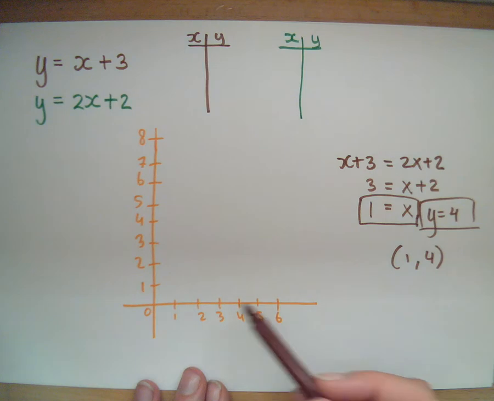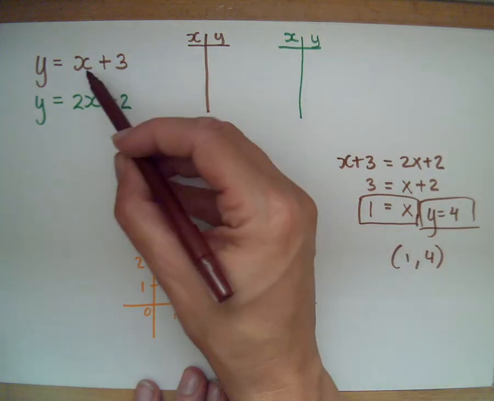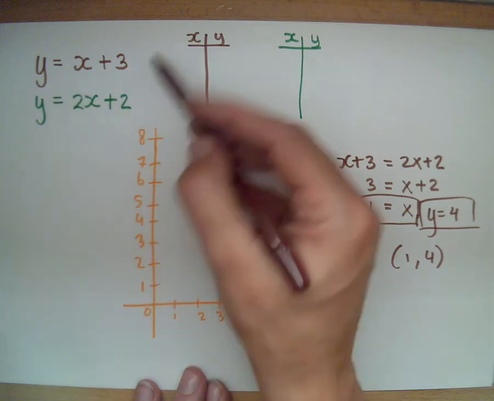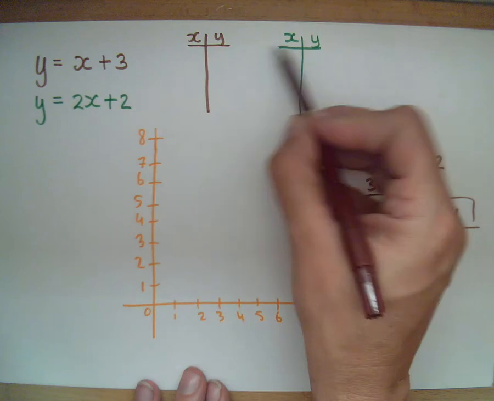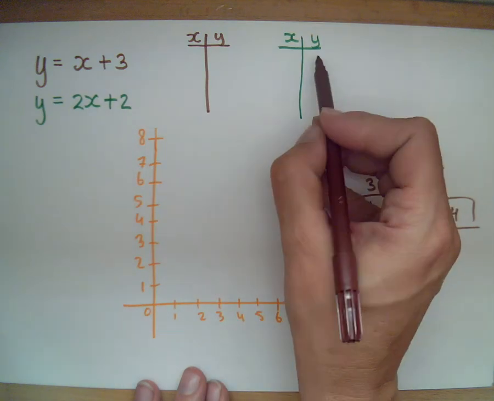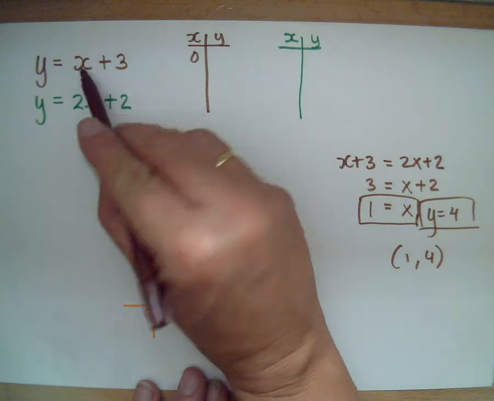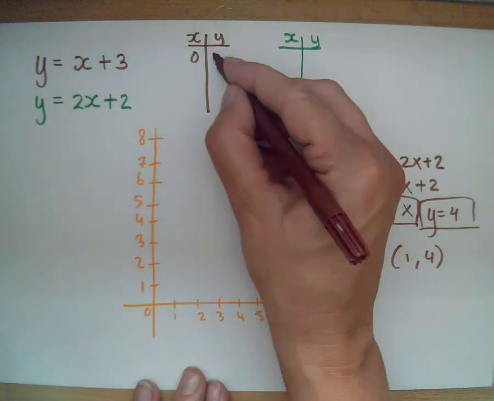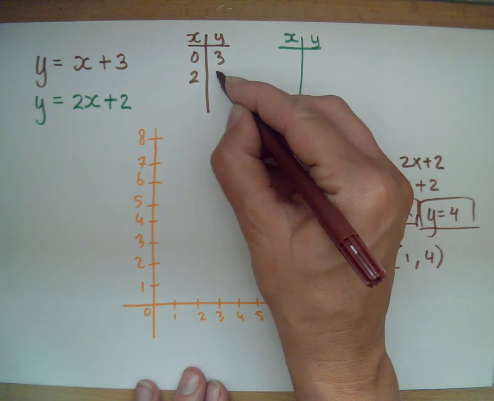Another way would be just to draw the lines, right, and see where they intersect. If we wanted to draw the lines, we could make a table of values for this brown line and a table of values for the green line. For brown, when x is 0, y equals 3. When x is 2, y equals 5.